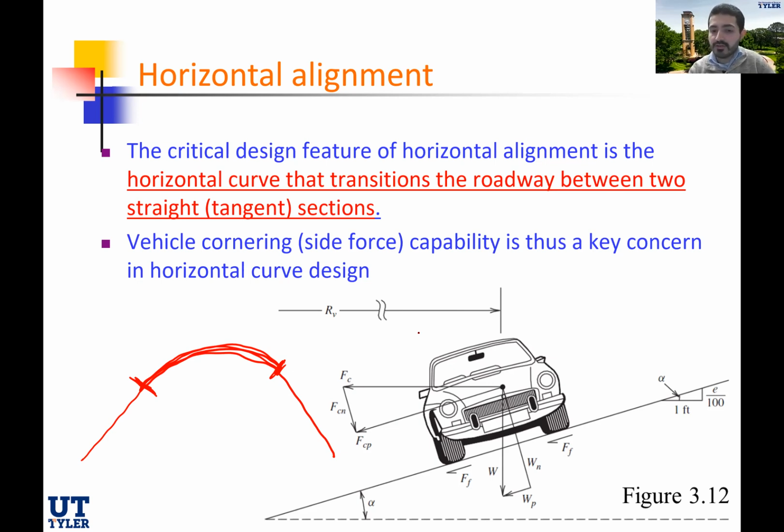So imagine you're driving on a horizontal curve, and Rv is the radius of that curve, and then there will be some super elevation, and that's the alpha here.